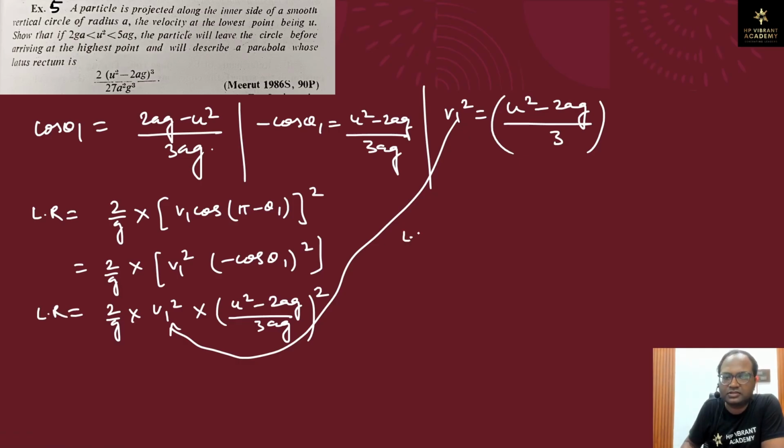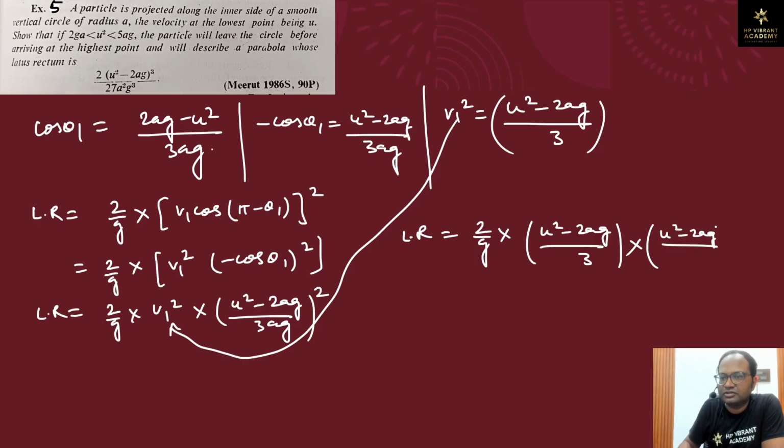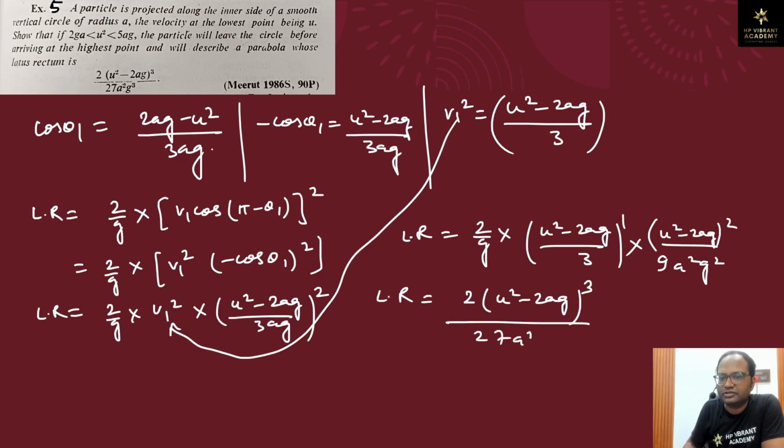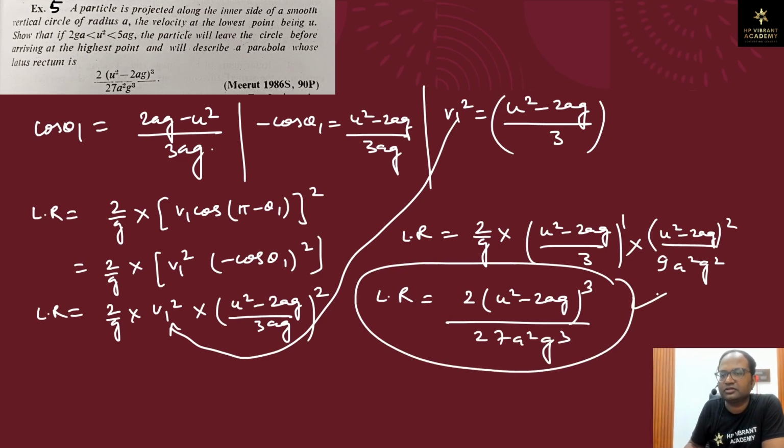Latus rectum is equal to 2 upon g into v1 square, which is (u square minus 2ag) upon 3, into (u square minus 2ag) whole square upon 9a square g square. So latus rectum is equal to 2 into (u square minus 2ag) whole square, upon 27a square g. So this is the latus rectum.